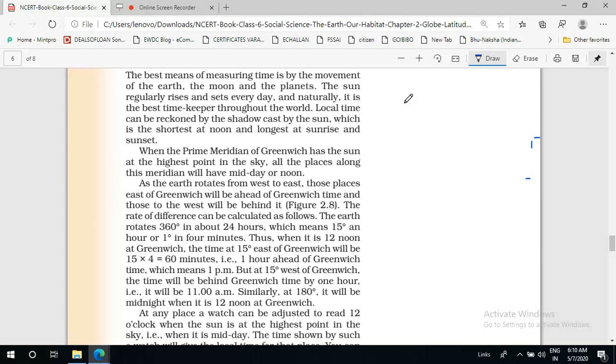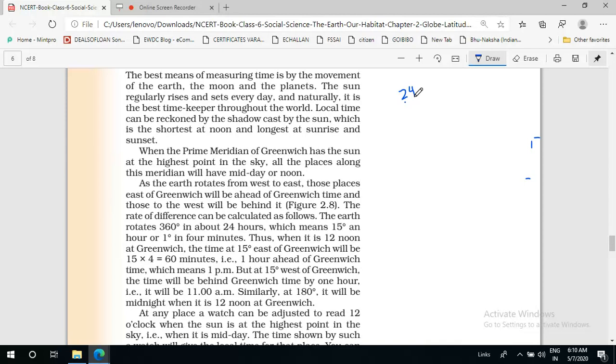In how many hours does the earth move around itself? It is 24 hours. Why is it 24 hours? Because how many hours are in a day? You must have learned all these things. There are 24 hours in a day. Why 24 hours? Because the earth moves around itself in 24 hours.